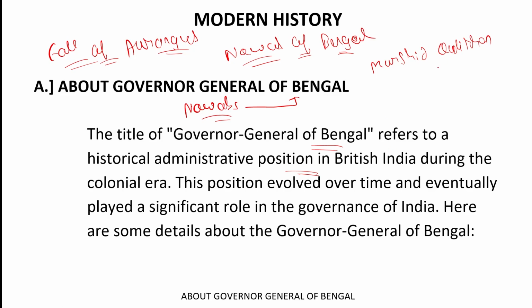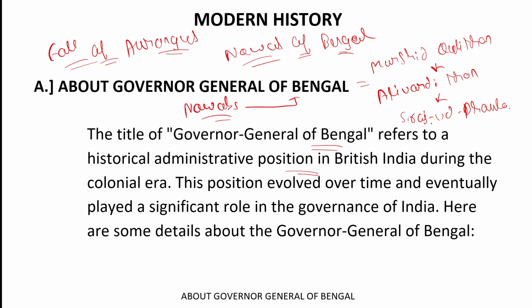After this, the next Nawab was Alivardi Khan. But the Nawab during whose time the British started getting involved in Bengal was Sirajud-Dowla, a grandson of Murshid Quli Khan, the person who started separate Bengal.